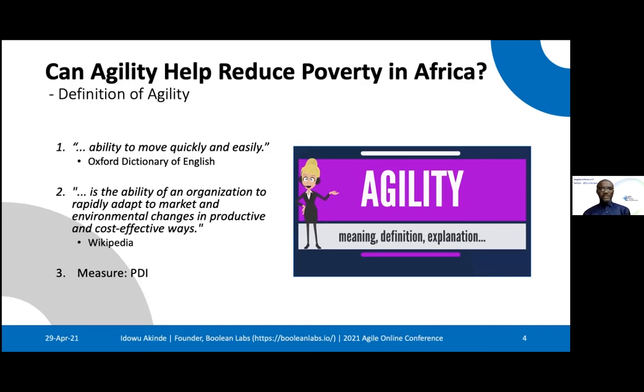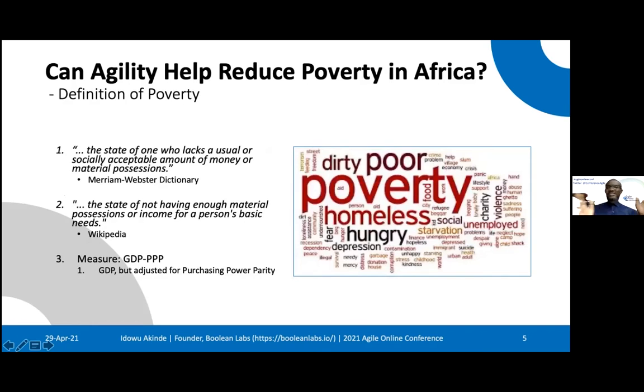I won't spend a lot of time on that. Again, to define poverty, poverty essentially is the state of not having enough resources, whether material or other resources, that are required for basic needs. Okay, and the measure that we use for poverty here is GDP, but it's GDP adjusted for something called the purchasing power parity. So it becomes GDP PPP.